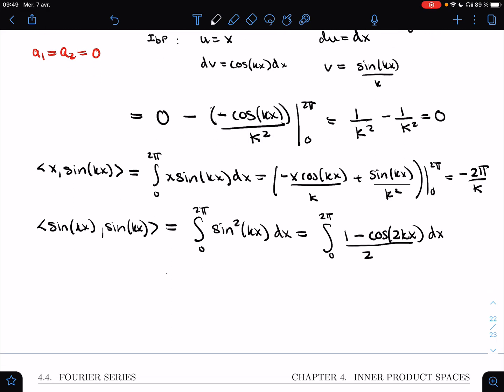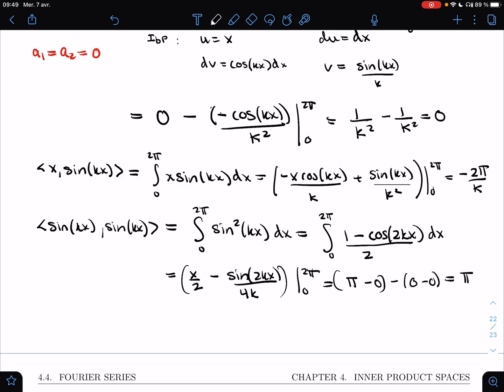And so you get x on 2 minus sine 2kx on 4k from 0 to 2 pi. You plug in 2 pi, you get pi, then 0, and you get 0 minus 0, so you get pi. All right, so B1 is minus 2 pi over 1 pi, that's minus 2, and B2 is minus 2 pi divided by 2 divided by pi, that's minus 1.